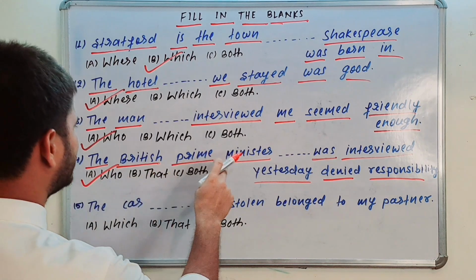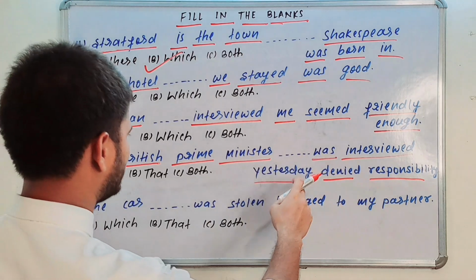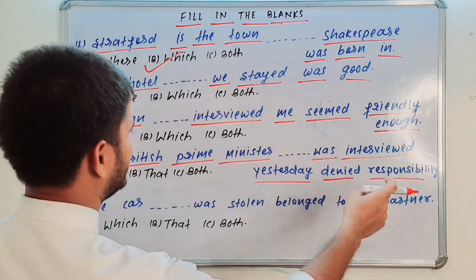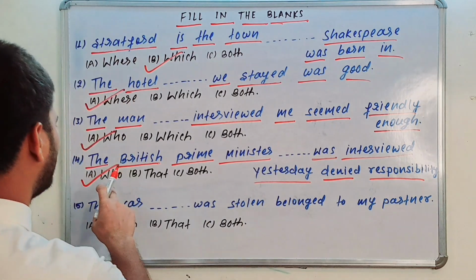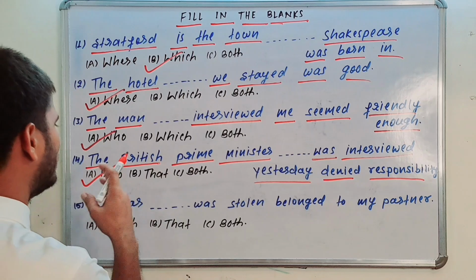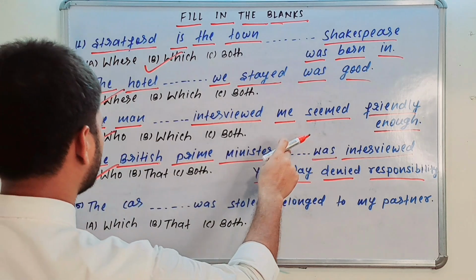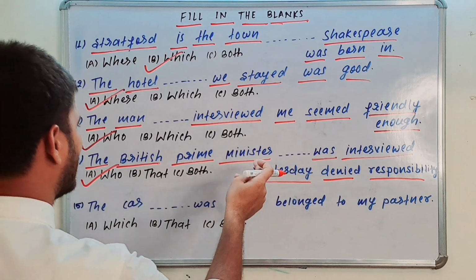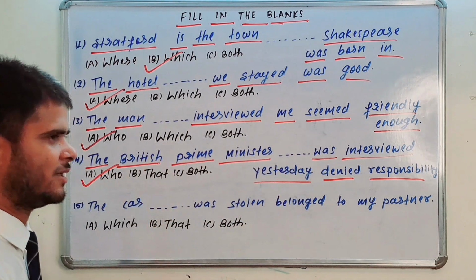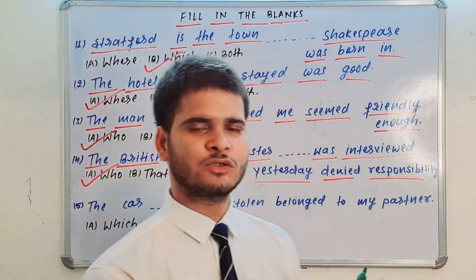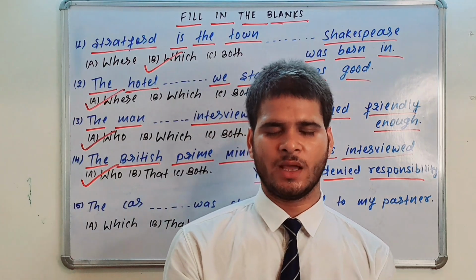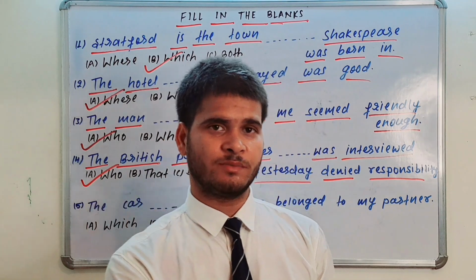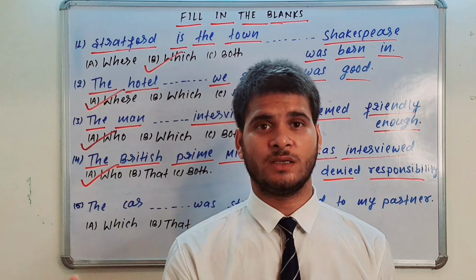I just told you that who is only used for a person. But that is also used for persons, animals, or things.